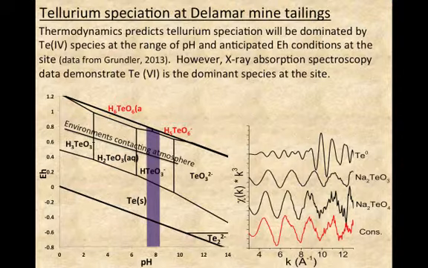So this figure shows that we're expecting to have sodium tellurite, or some kind of tellurite phase at the site, because the pH ranges are boxed in purple, and these are in contact with the atmosphere, so we're expecting results right around the intersection of the purple box and the diagonal line.